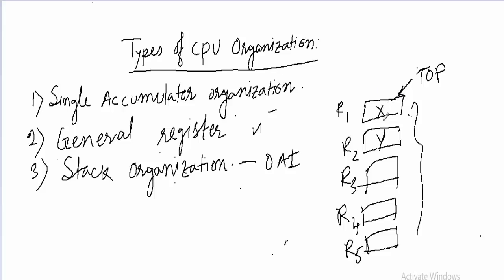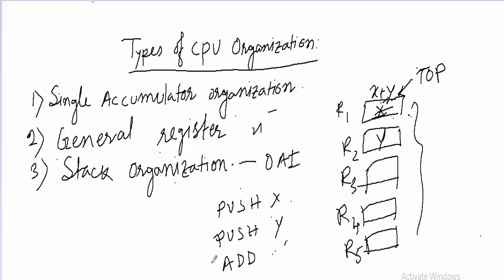So the top will contain x plus y. The instructions will be like this: push x, push y, and add. This add instruction will add x and y and store the value x plus y into the top of the stack.